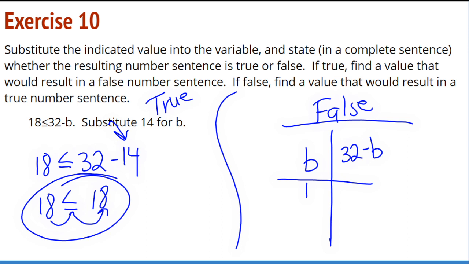That's less than 14. 32 minus 1 is 31. Well, 31 is not less than or equal to 18. False. What if I do a 5? 32 minus 5 is 27. And 27 is not less than or equal to 18. Another false statement.